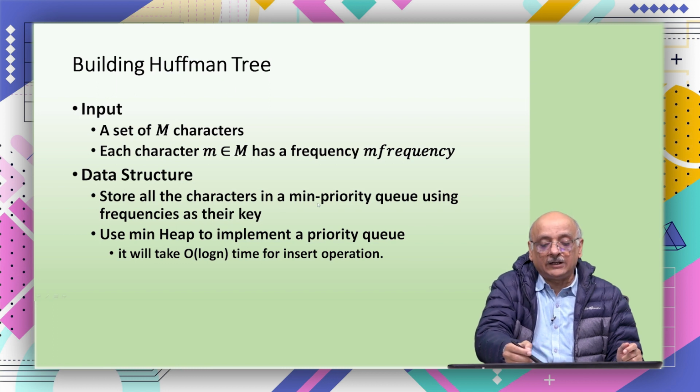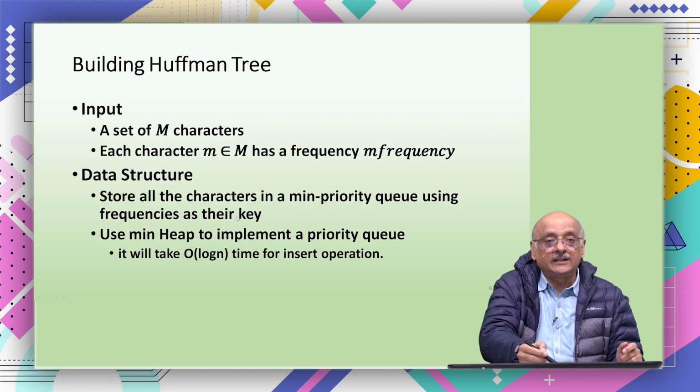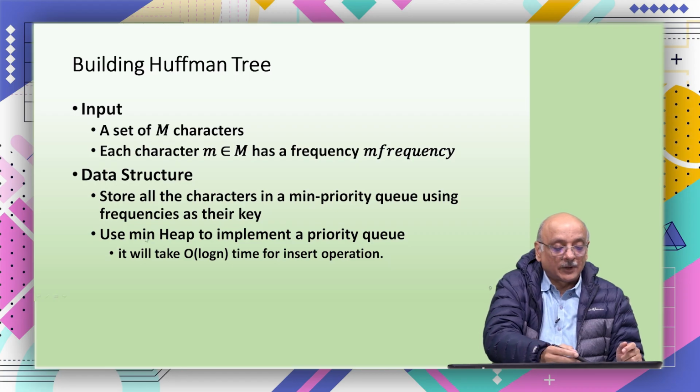A priority queue is one where we make sure that the minimum is handled first, and here it is a min priority queue, where frequency is the key. What we are basically using is a min heap.